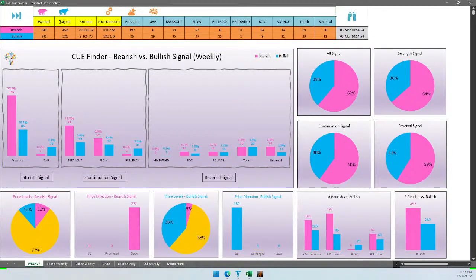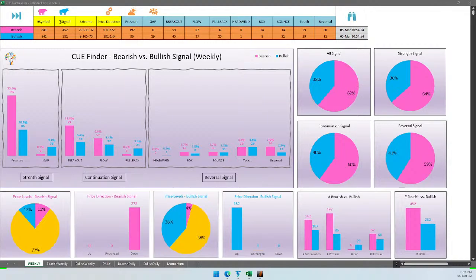The weekly period balance between bulls and bears using Q finder. All signals bearish, strength bearish, trend continuation bearish, reversal bearish, everything is bearish. That is for the weekly period.